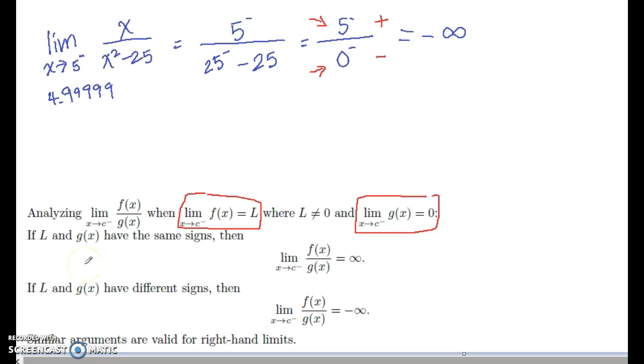Then the answer for this quotient is either positive infinity or negative infinity, depending on the signs. If the numerator and denominator have the same sign, then it approaches positive infinity. But if the numerator and the denominator have different signs, then it's negative infinity. Similar arguments are valid for right-hand limits.